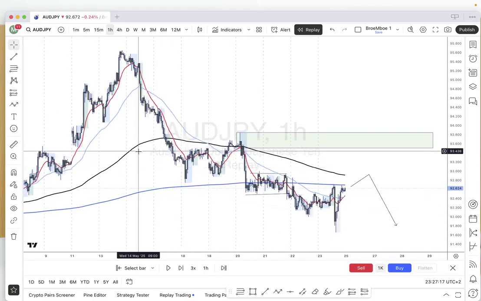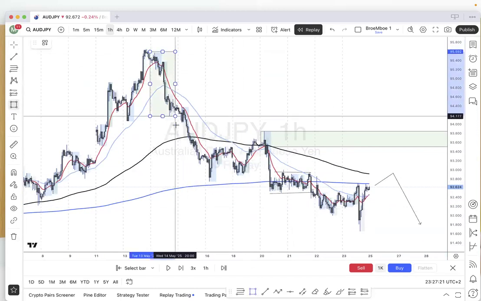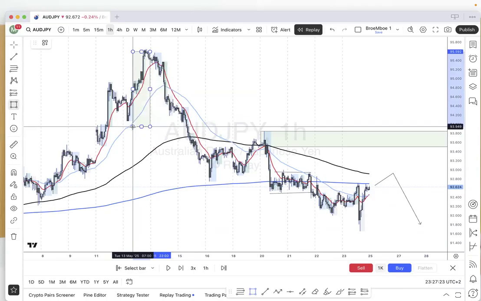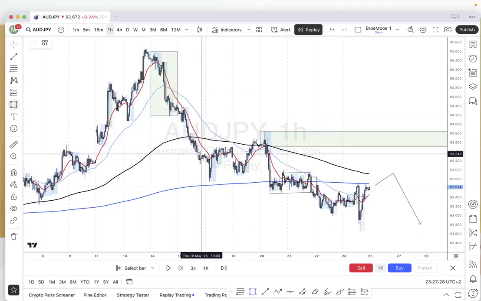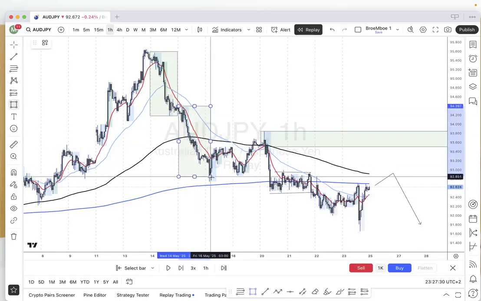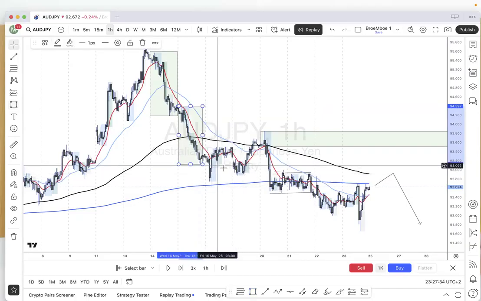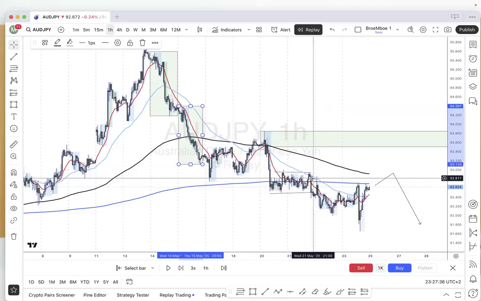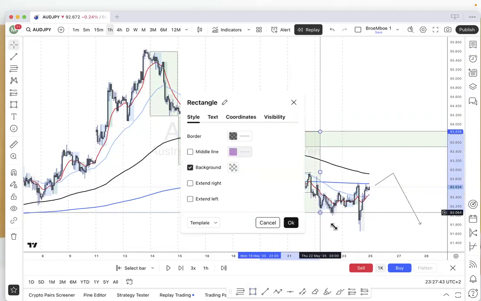Number one, we have our first level push down. We have our second level push down. And we said this is all a consolidation, and so that means this will be our third level push down.